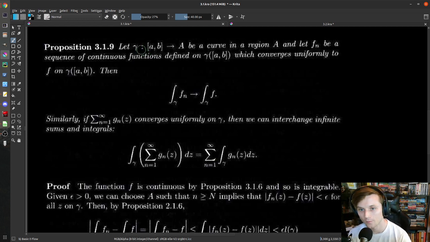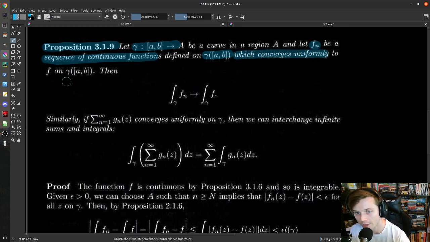All right, so proposition 3.1.9, something to do with contour integrals, makes our lives more interesting. We'll be able to bring results like Cauchy's theorem into the mix. So proposition 3.1.9: we're going to take gamma, a curve in a region A, and we'll let f_n be a sequence of continuous functions defined on the image of gamma, that is on that curve, and which converges uniformly to a function f on the image of gamma.